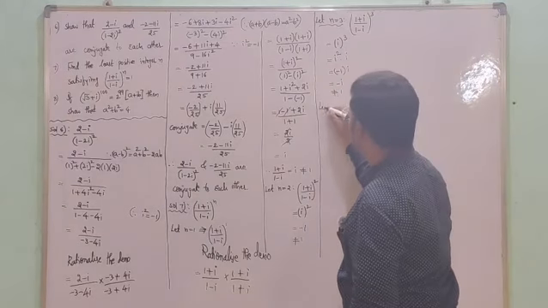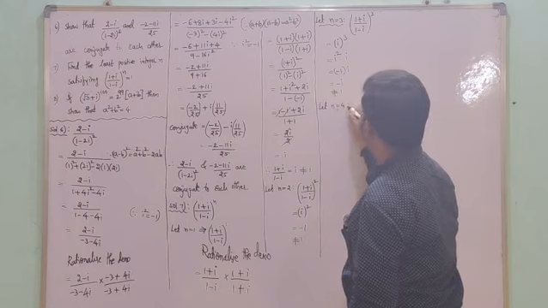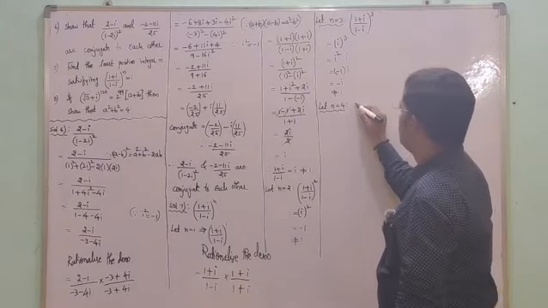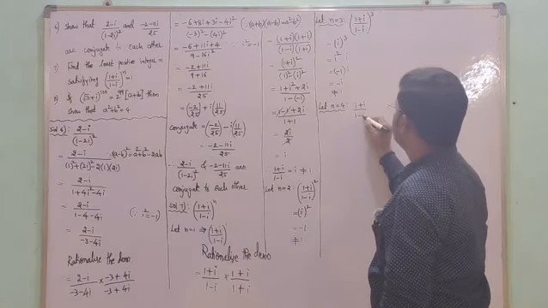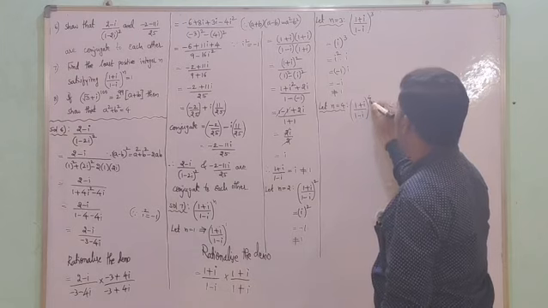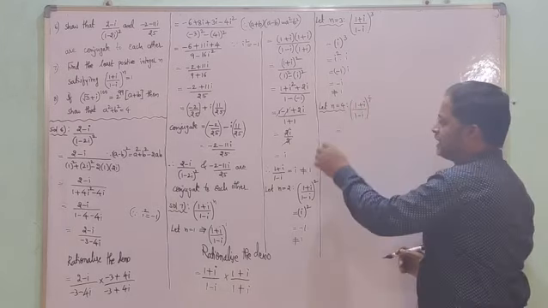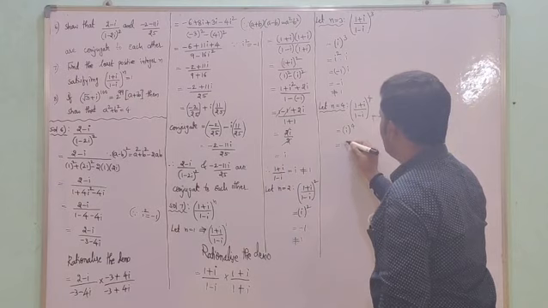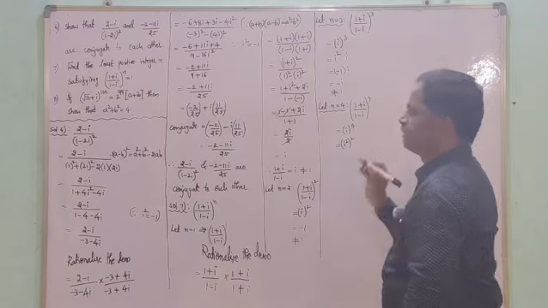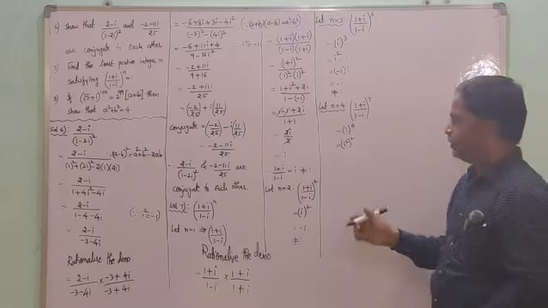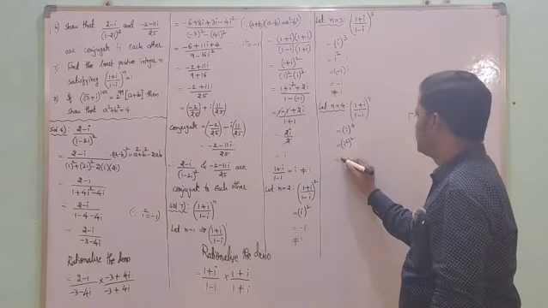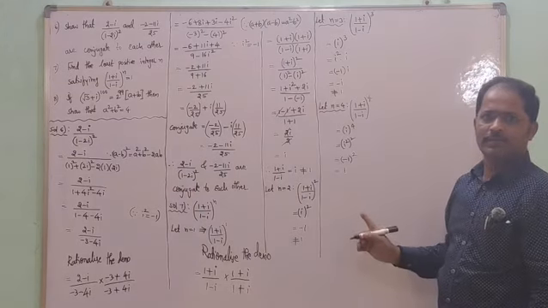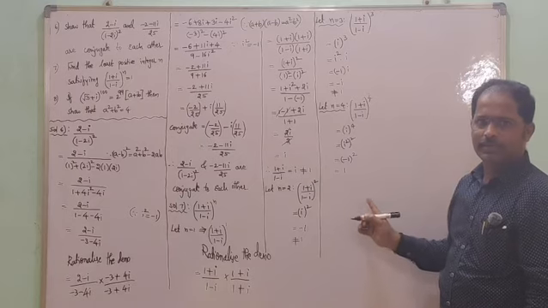Next n equal to 4. Sir, how long will we go, up to 100? No, 3, 4, 5 it will come, right? Okay, (1 plus i by 1 minus i) whole power 4. What is the value of (1 plus i) by (1 minus i)? i. So i power 4. i power 4 means (i square) whole square. Clear? We know the i square value is minus 1. So minus 1 square means plus 1. The answer 1 is equal to 1. Right, it is equal to 1.